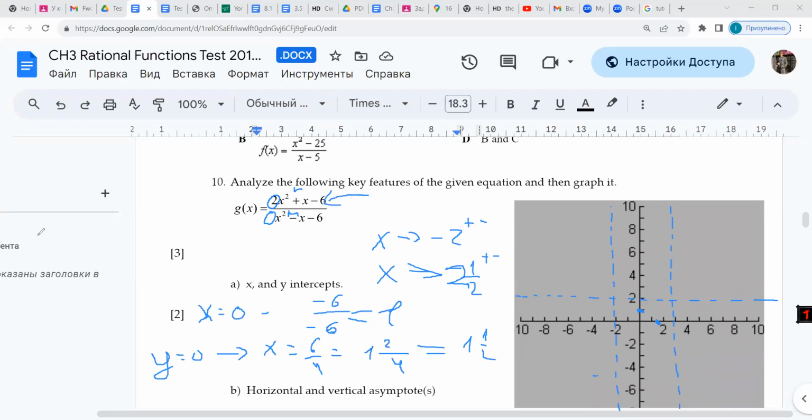Let's work with -2. When you substitute -2 into the numerator, what is going to happen?